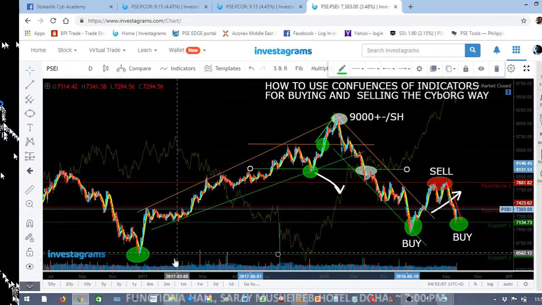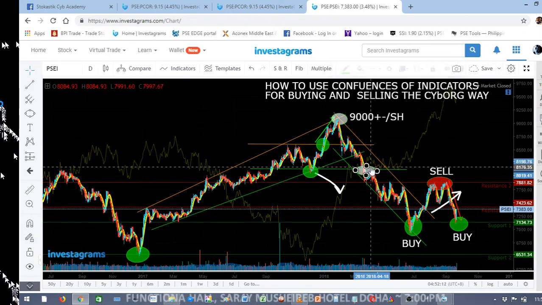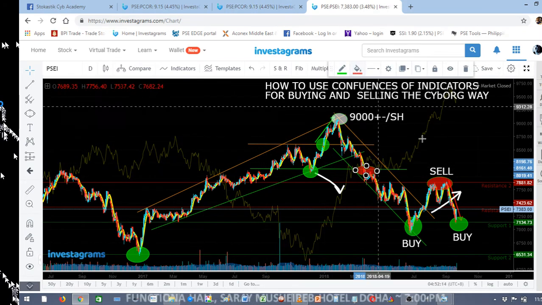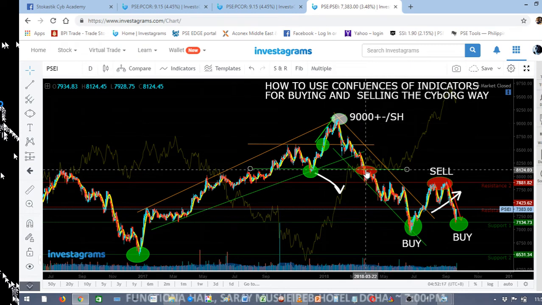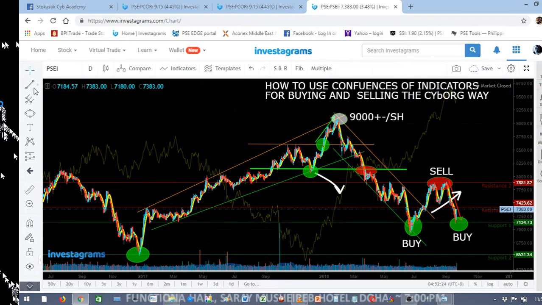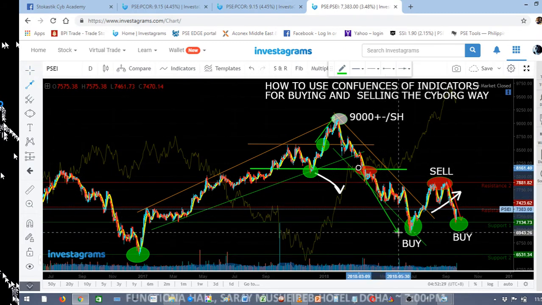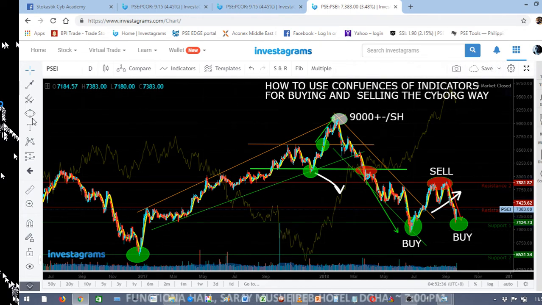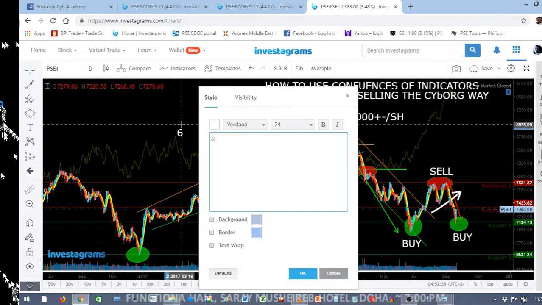You have to execute your sell entry. By this time the candlestick pierced down this level, I'll make it a broader one. The candlestick and the PSEI went abruptly down to this level, 6,100 plus or minus per share.